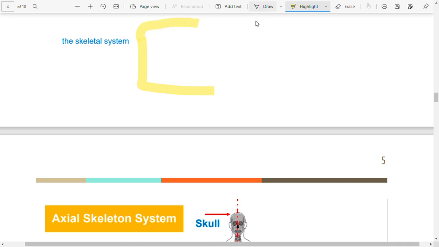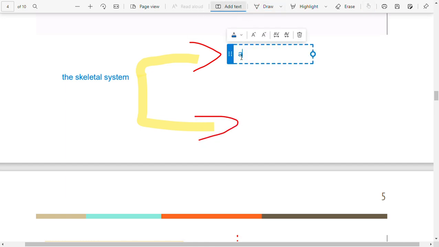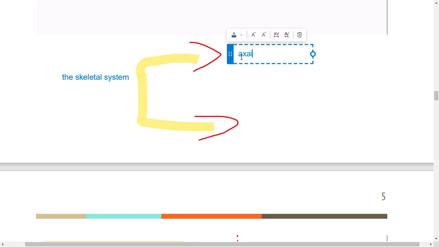The first is the axial skeleton, and the second one is the appendicular skeleton. Axial skeleton is the first one.